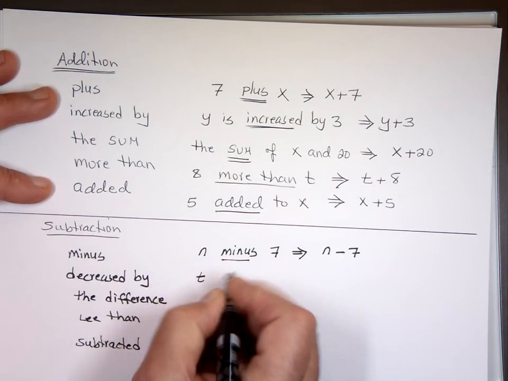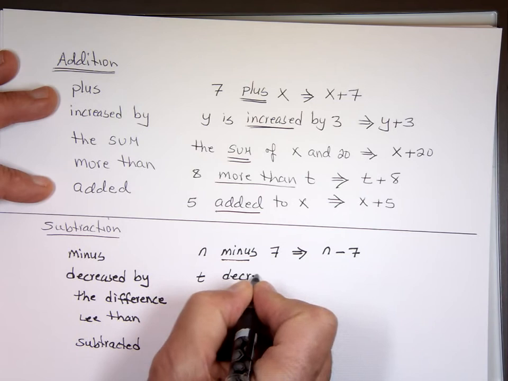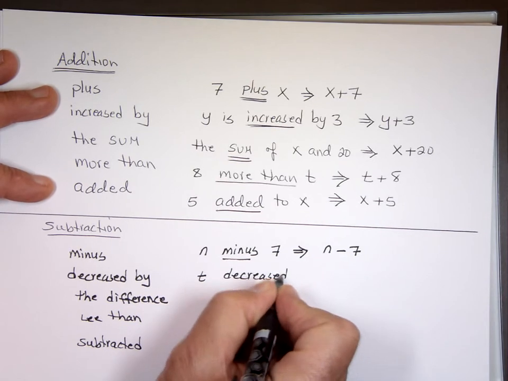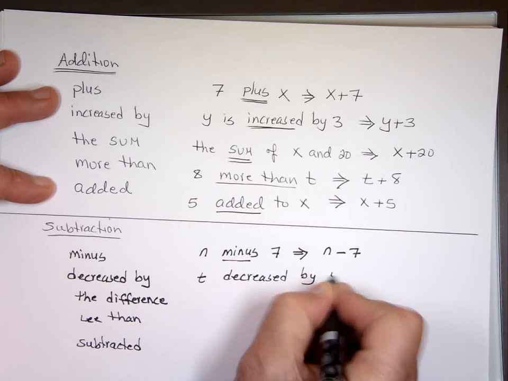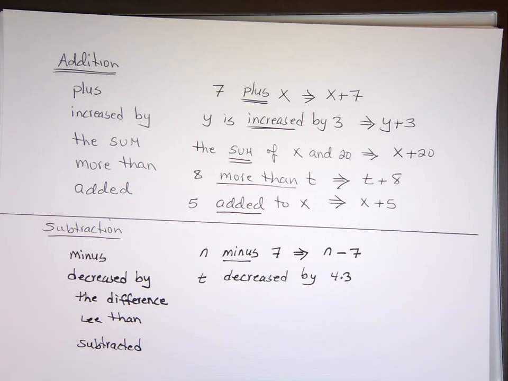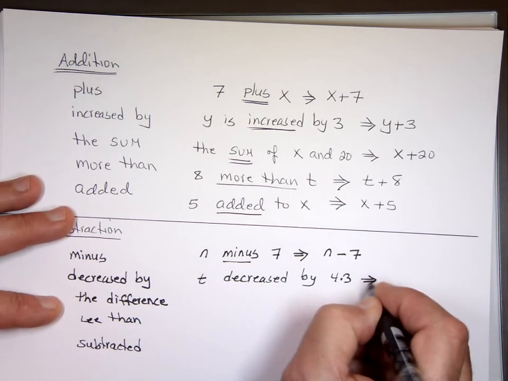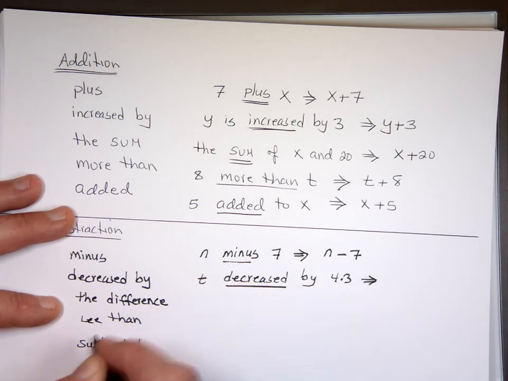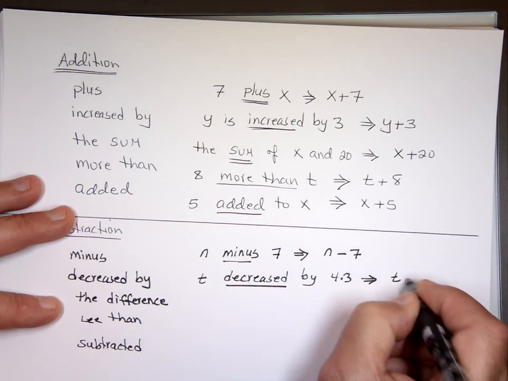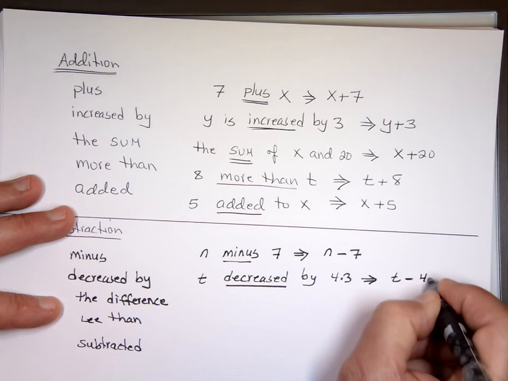T decreased by 4.3. I can use decimal numbers, who cares? Decreased by means subtraction again. T minus 4.3.